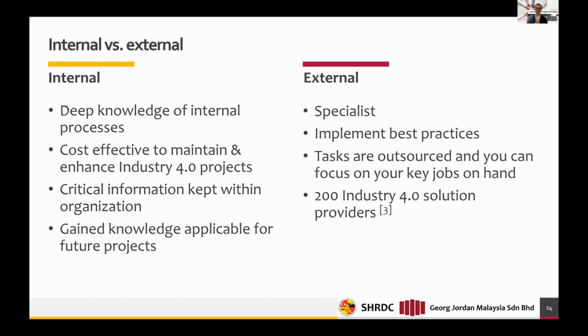The execution, meaning the implementation, is recommended to be done by external solution providers. But they shall be augmented with internal staff. Thus, the maintenance of the projects and the enhancement can be done in-house and saves you a lot of cost and time in future.